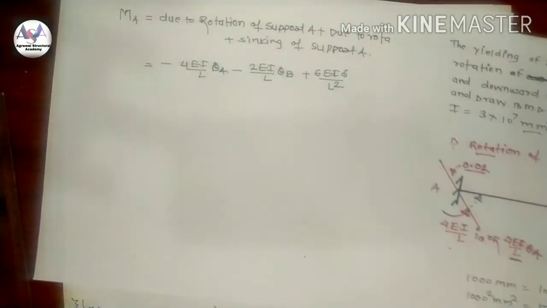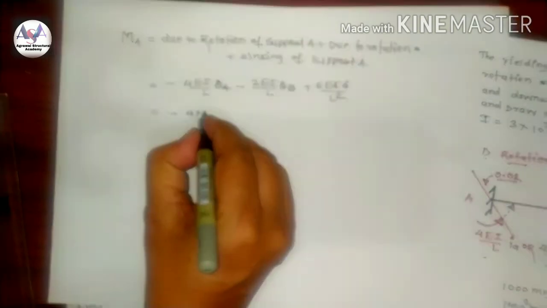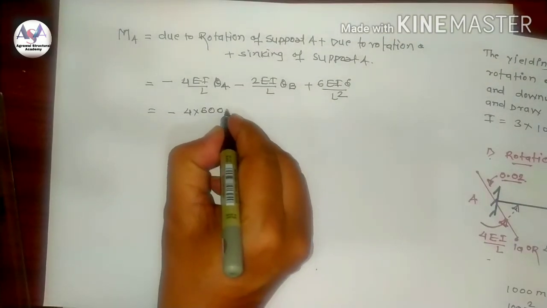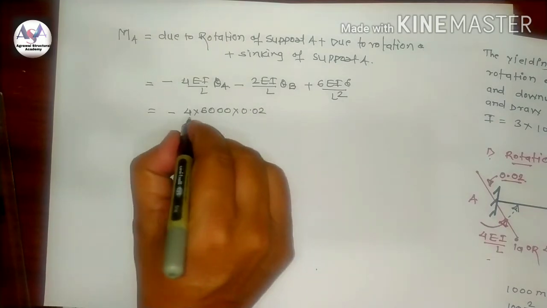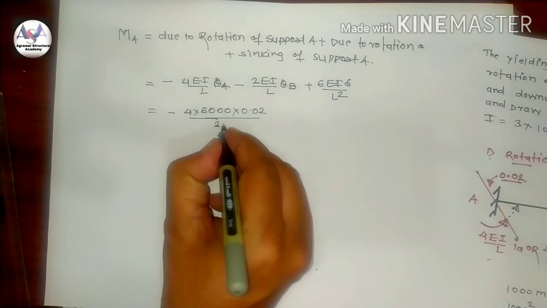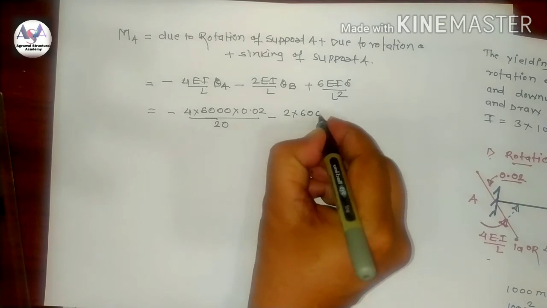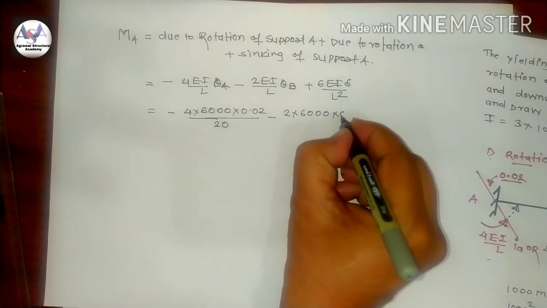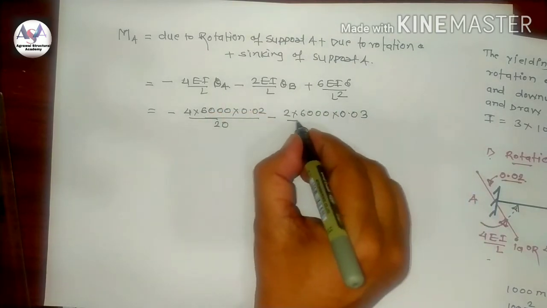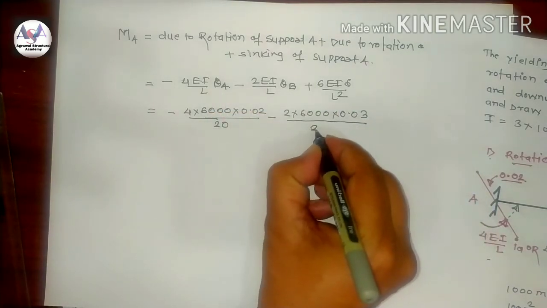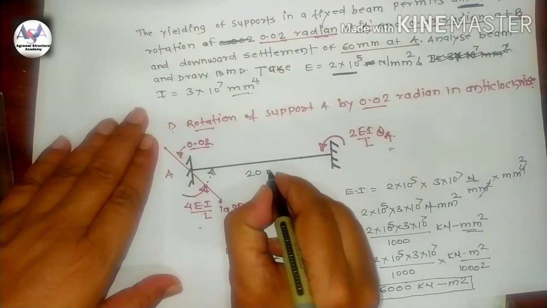Now we have to put all these values here. Minus 4EI is 6000, theta A is 0.02 divided by 20, minus 2 into 6000. This is in radian; we have to take theta in radian, divided by L, which is 20 meter.